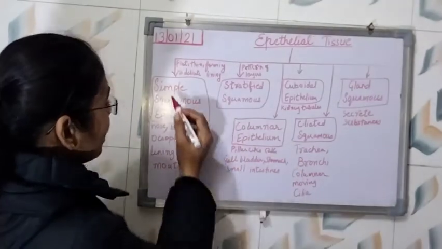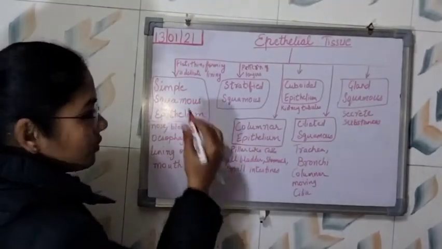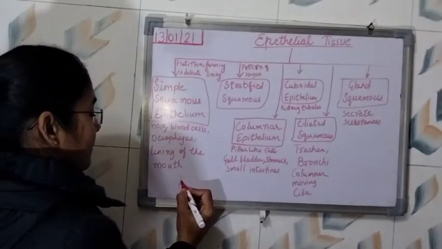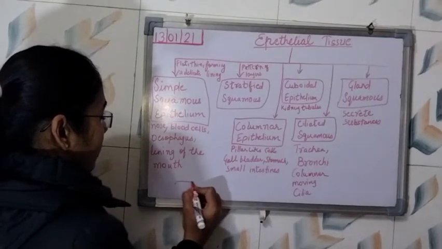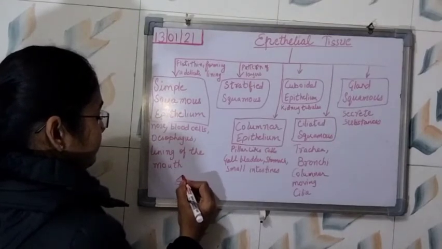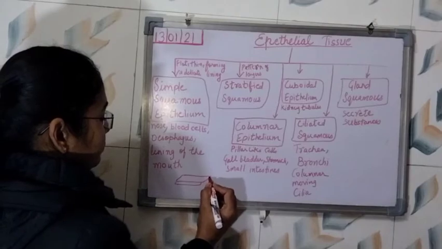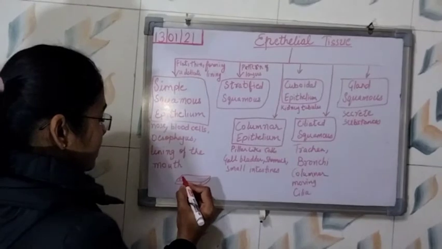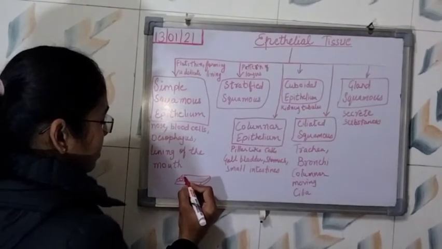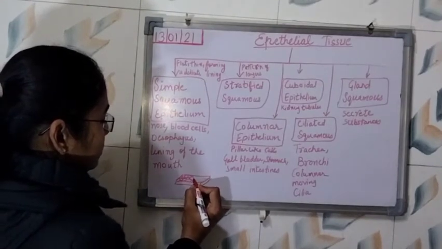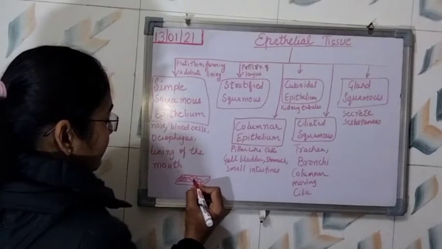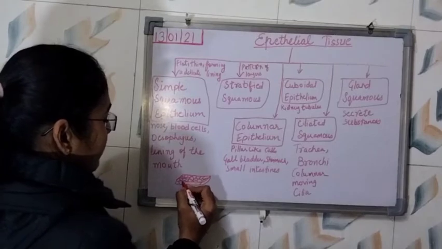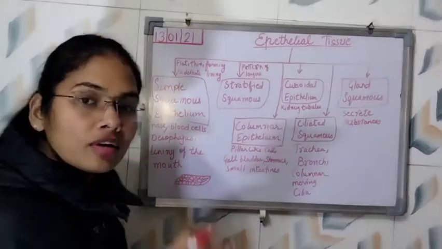If you make the diagram, simple squamous cells are of flat shape.